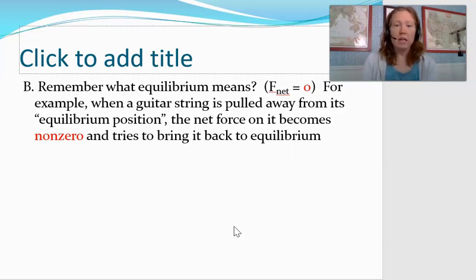So if the net force becomes something other than 0, trying to pull it back to its equilibrium position, this is certainly the case for a guitar string, then that's what causes it to cycle through its motion like that. Okay.